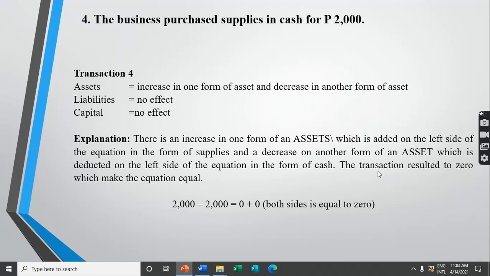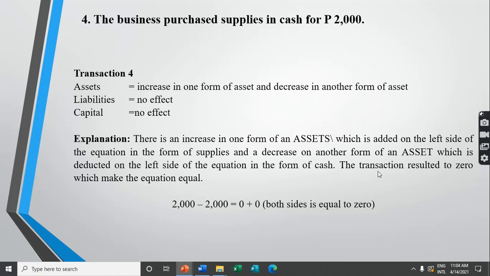Nagkaroon ka ng supplies, pero binayaran mo yung supplies na yon ng 2,000. Okay? Sa effect, anong mangyayari dun sa accounting equation? Ano yung mangyayari doon? Ano yung effect ng transaction doon?